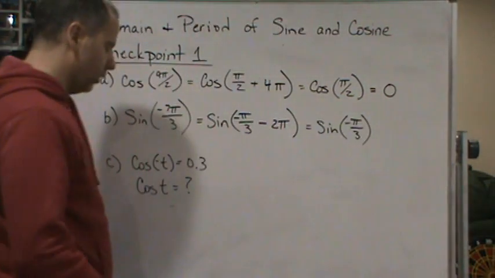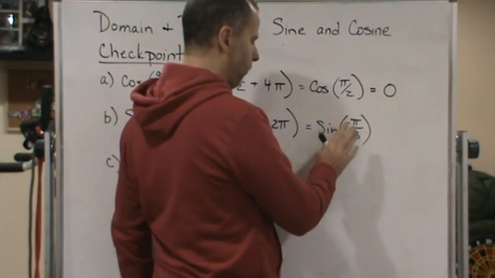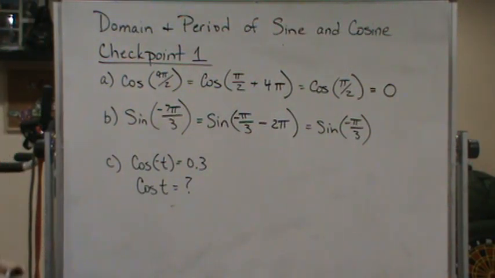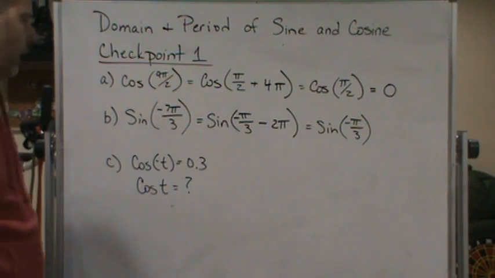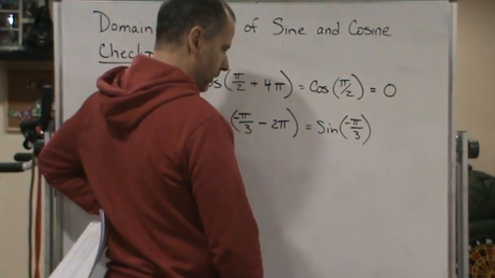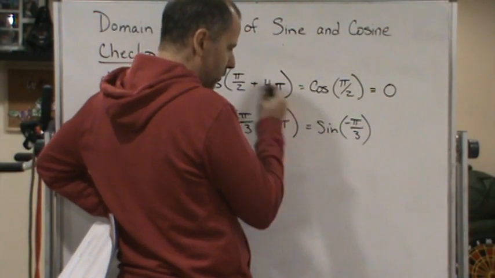Now, we can look at this and say, okay, this is in the fourth quadrant. It's negative pi over 3 and it has a reference angle of pi over 3 in the fourth quadrant. And so we can use the reflection, right?